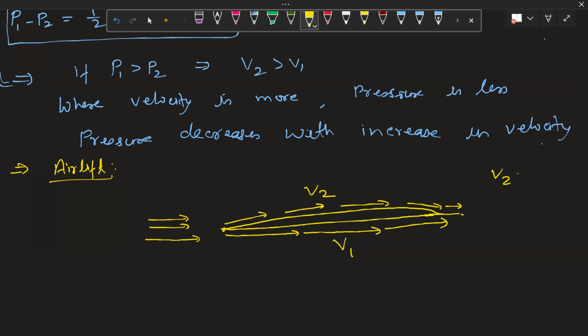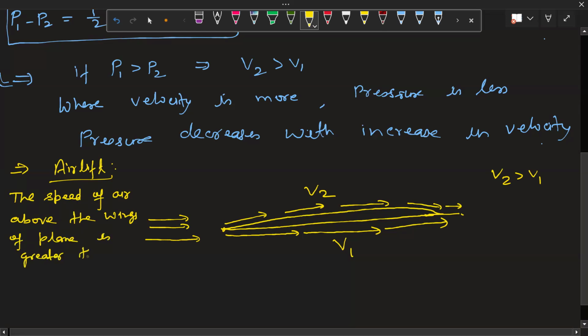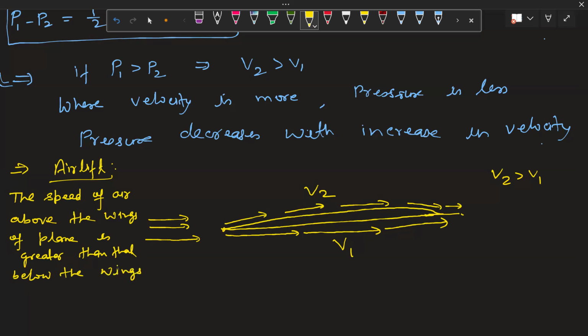Okay, V2 is more than V1. That means we can say the speed of air above the wings of the plane is greater than that below the wings.